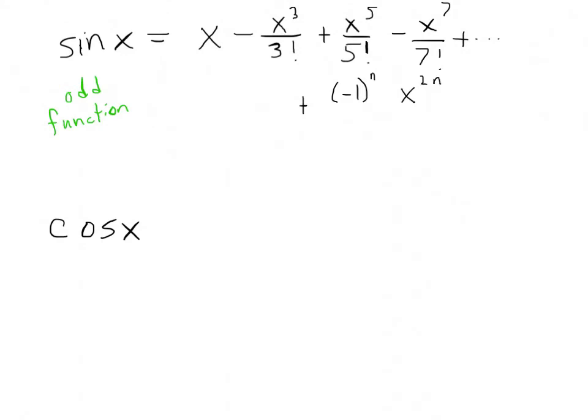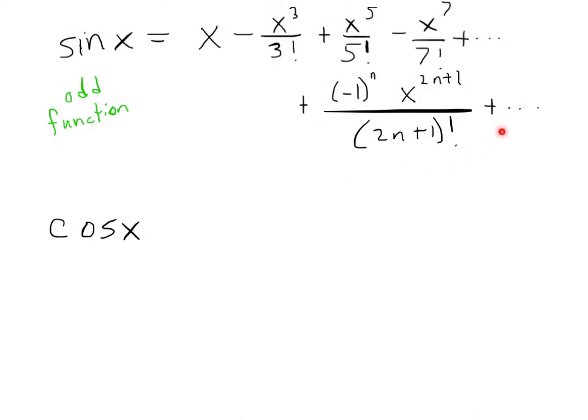I have to do this carefully. I'm calling this the 0th term. So when you plug in 0 for n, negative 1 to the 0 is positive. That's why this is positive. And if I'm plugging in 0 here, this will have to be 2n plus 1 over 2n plus 1 factorial. So that's the Maclaurin series for sine x.